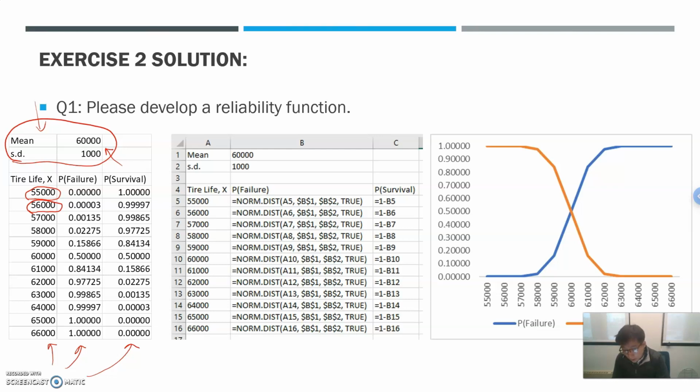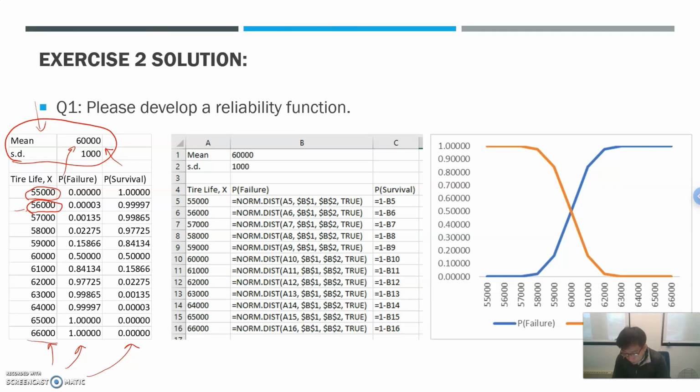Assuming that your tire's average life expectancy is 60,000, there will be less than 1% chance that you will experience failure in 56,000 miles, and so forth. This follows all the same interpretation.